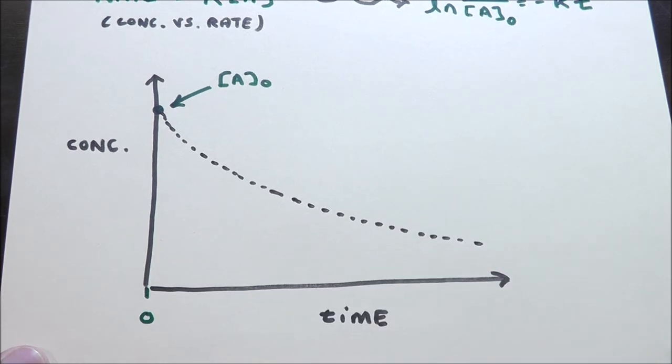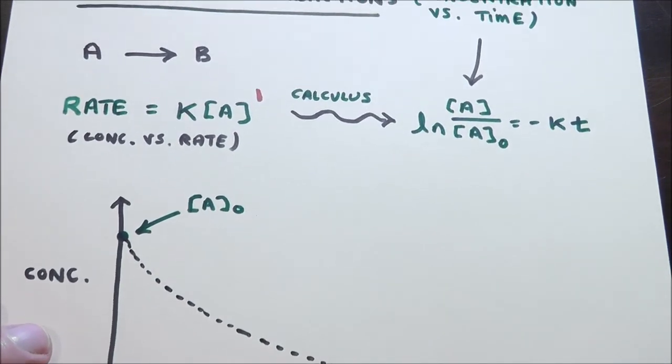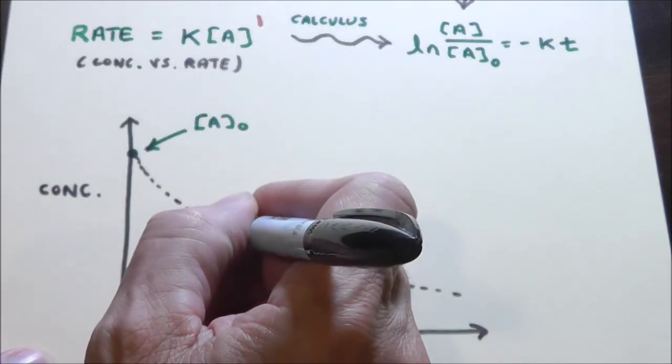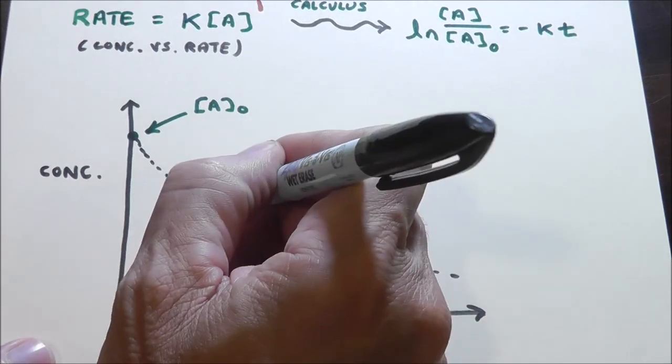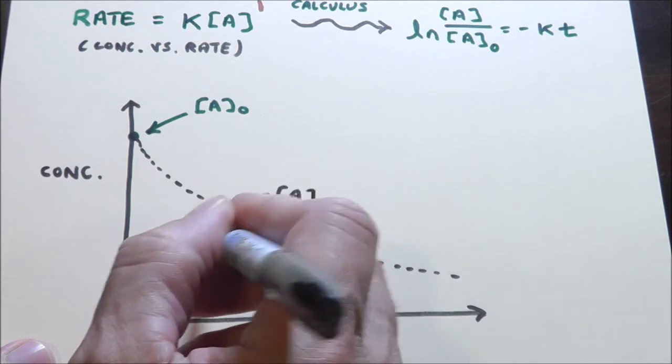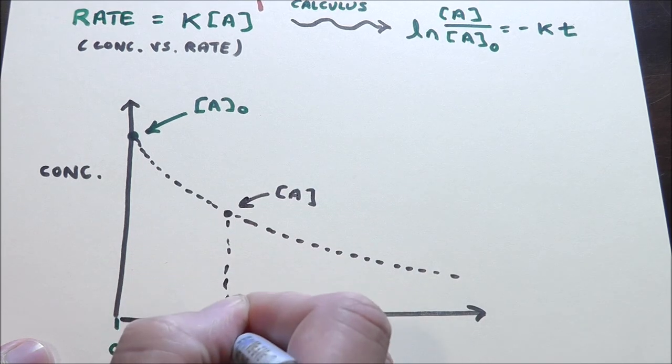But as the reaction slows down, you never get to 0. And so that's sort of the mathematics of any point on this graph. That would be concentration of A at any particular time t.